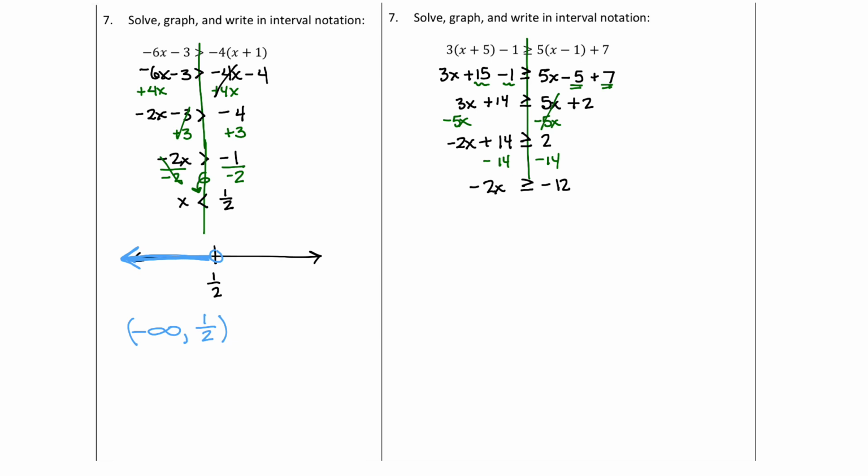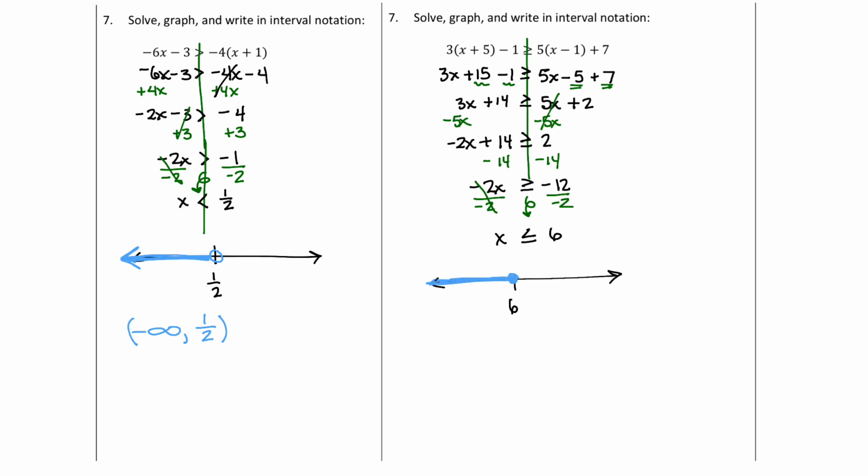Now we're going to divide by the coefficient. So divide by negative 2, divide by negative 2. And here you're going to flip it because you divided and it was negative. So x is less than or equal to 6. Okay, graph it. You're going to have a closed circle at 6, and it points to the left once we flipped it, right?